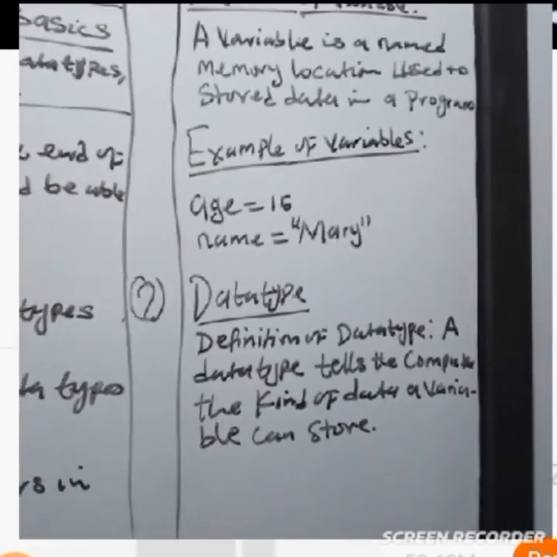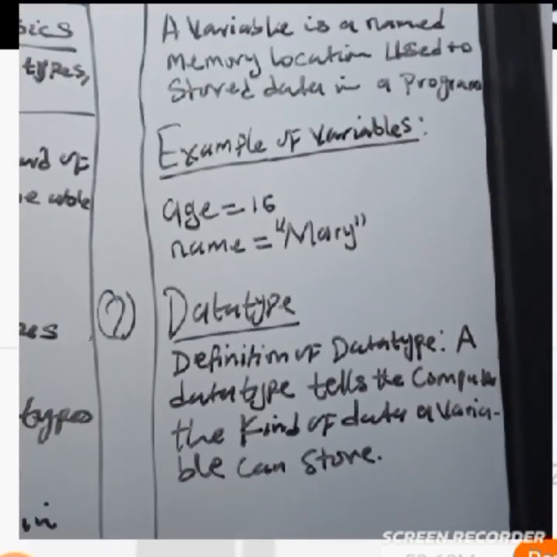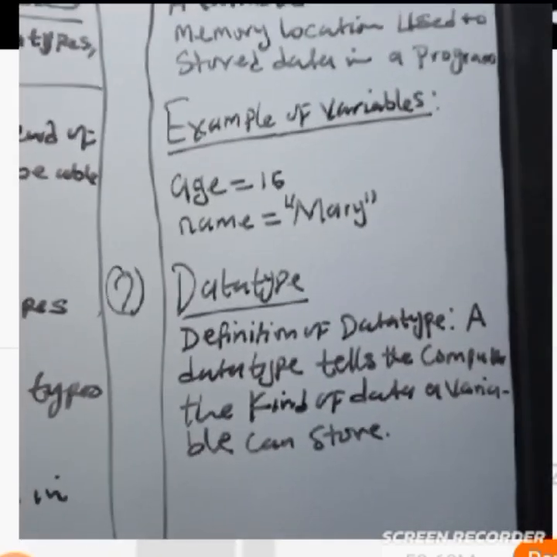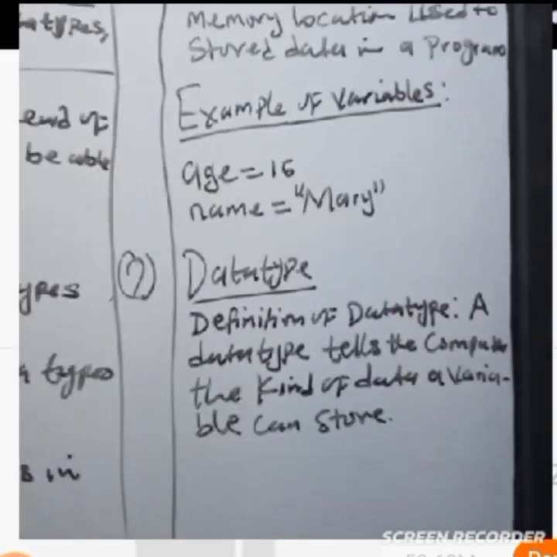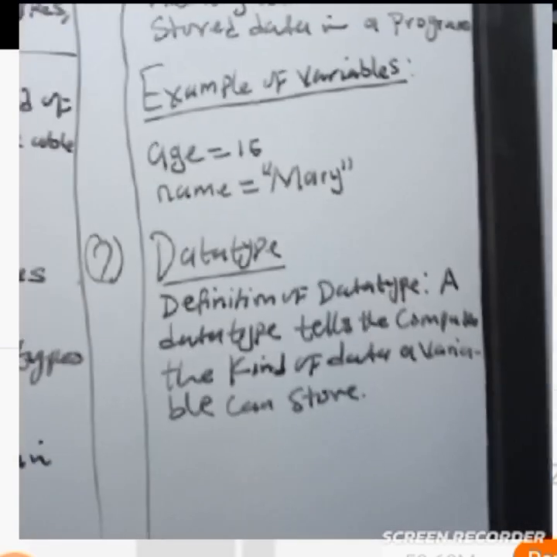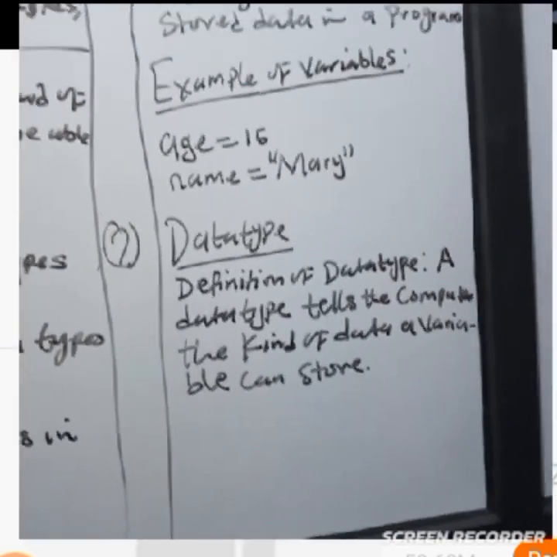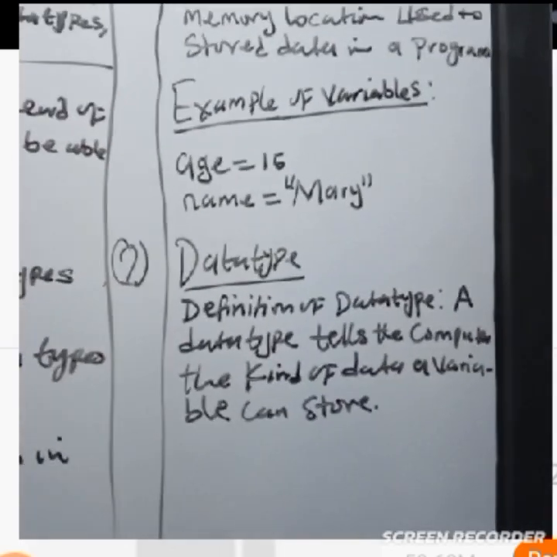A variable is like a container, just as you store water in a bottle. The computer stores data inside a variable. Each variable must have a name so the computer can identify it.